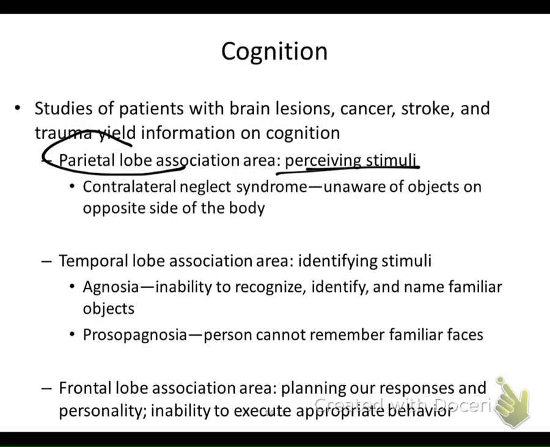The temporal lobe. If you have damage to your temporal lobe, then you're going to have problems with seeing. Perhaps you may have agnosia. Agnosia is the inability to recognize or name familiar objects. So a person with agnosia, they know what a fork is, but the next time they see a fork, they can't tell you what it is.